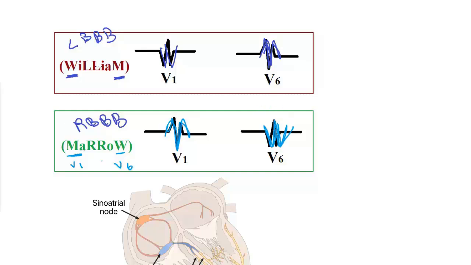Okay, now of all the ones listed here, left bundle branch versus right bundle branch, could you tell me which one is a more serious condition? The way to remember it is right bundle branch should make you think of rabbit ears, and rabbit ears are harmless. So right bundle branch block can be seen in normal young healthy individuals, versus left bundle branch block, which is almost always associated with some sort of heart disease.